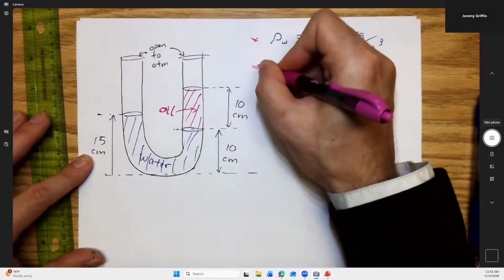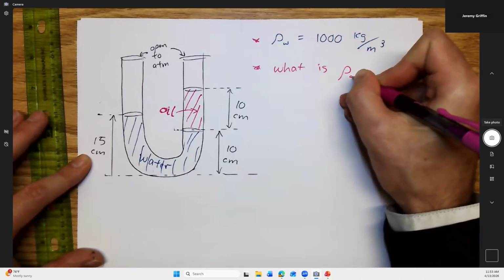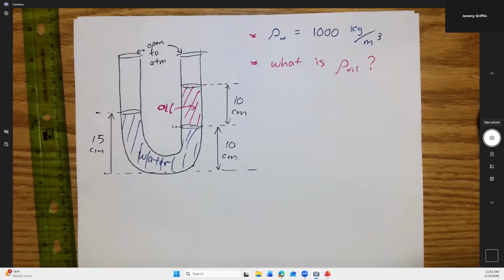Question. What is the density of the oil? Go ahead, solve for the density of the oil. When somebody gets it, raise your hand. Like James, I think that's right.